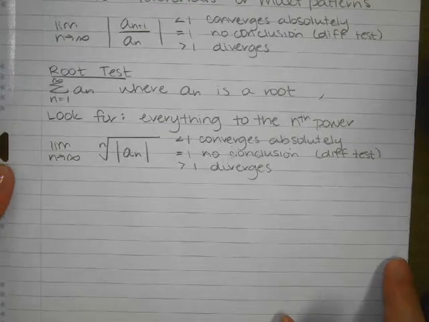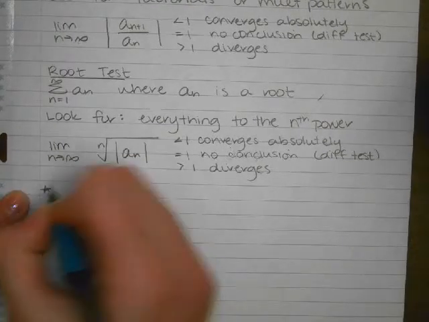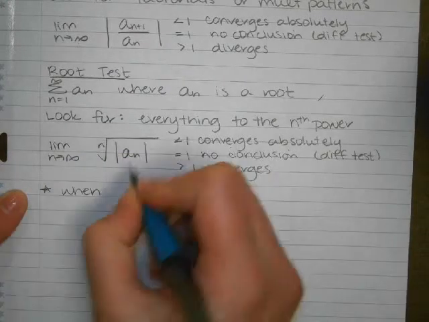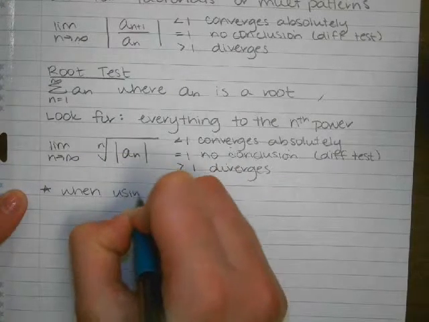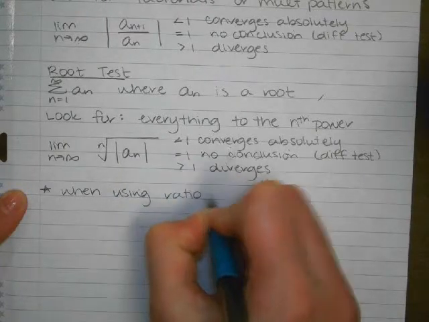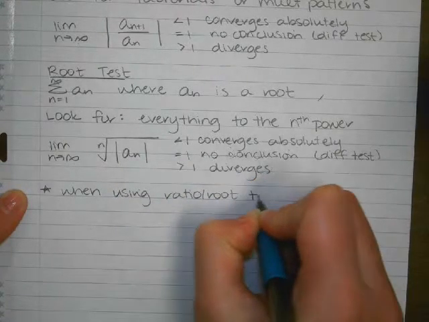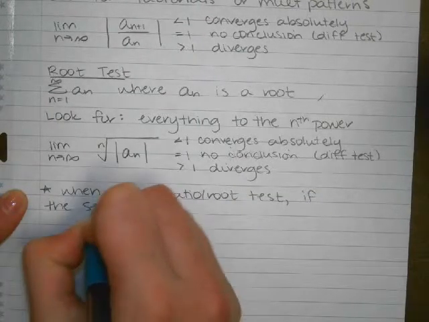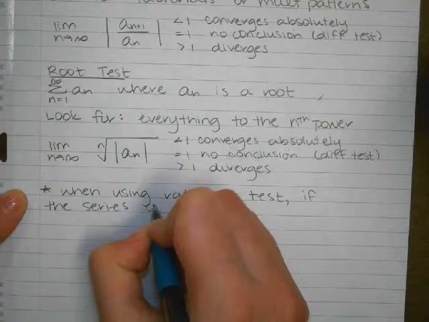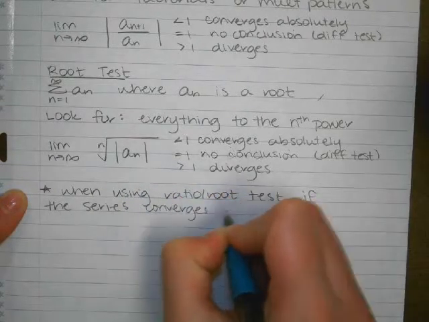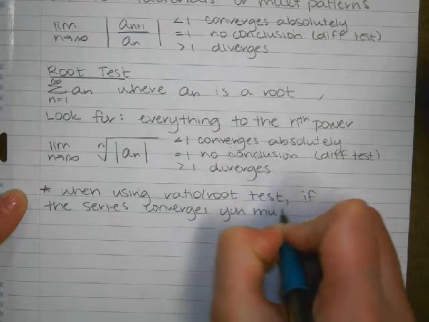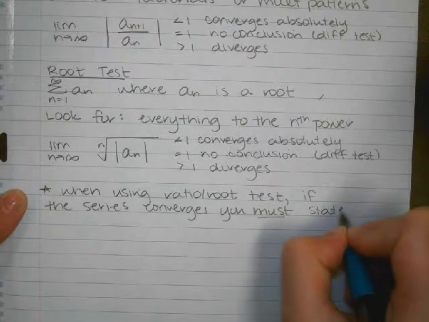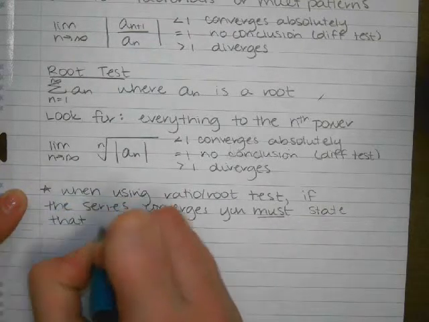All right, so I've already kind of mentioned this, but we'll write a special note on our paper. So when you're using the ratio or the root test, if the series converges, you must state that it converges absolutely.